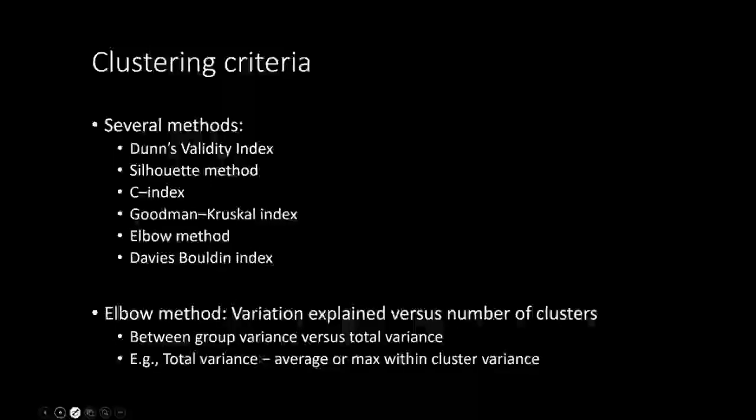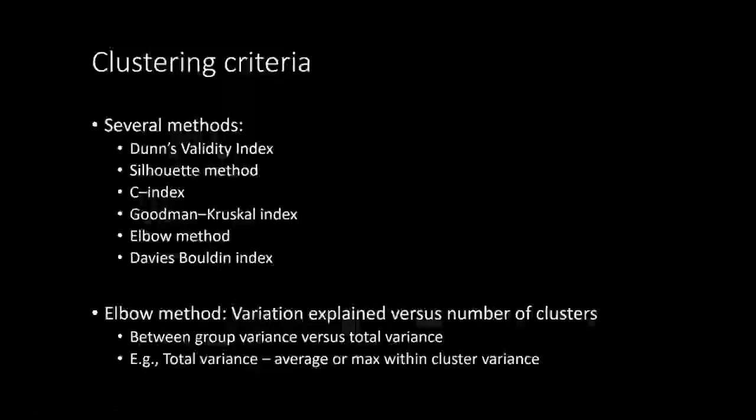There are many different ways of measuring whether a clustering is good. In general, they are based on looking at whether points that belong to one cluster are more similar to the members of their own cluster compared to points outside the cluster. That is the general criteria.